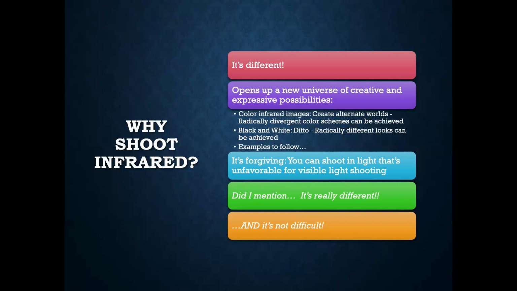The basic difference between visible light and infrared photography is that visible light photography comes with some expectations on the part of your viewers or your audience. They kind of expect it to look like what their eye would see.